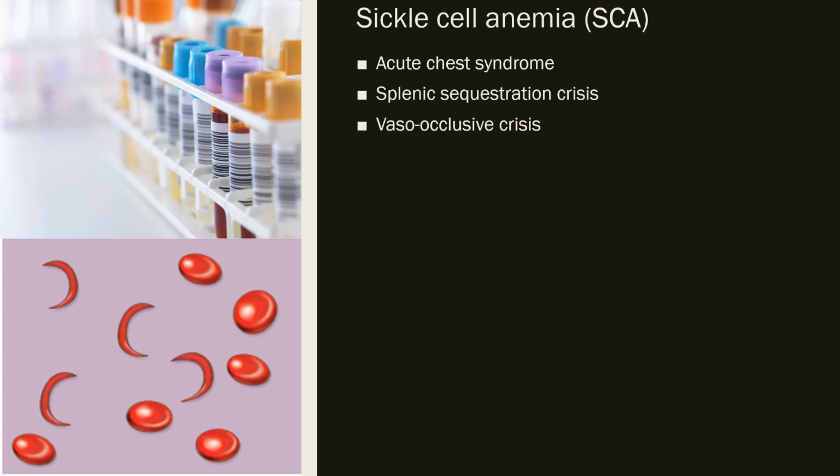So what they're trying to think about doing is partial splenectomies, so going in and just removing portions of it, whatever portions might have the most infarcts within it. And then as the child ages, we expect that their spleen's going to stop working.